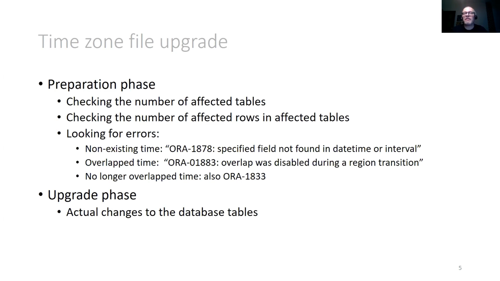However, instead of a time zone offset, you can also have a time zone region, which is stored as a region ID in a timestamp with time zone value. And then the actual offset for this given timestamp, so how to calculate the local time from the stored UTC time, is calculated by looking up the time zone file.